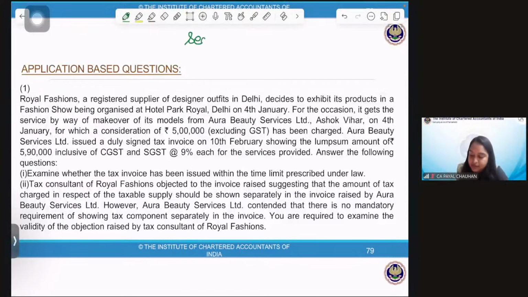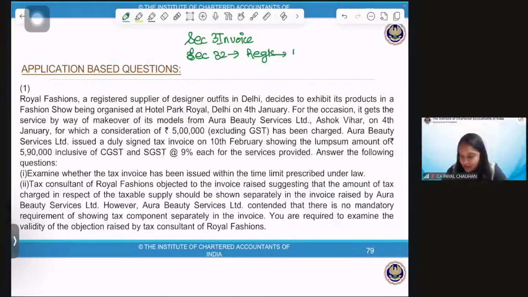See, learn. Most important, 31 invoice. Write it the way I am writing. I learn almost every section of DT and GST in the same way. Section 31 invoice. Then we have section 32. If I am not registered, I can't issue an invoice, that means unauthorized collection.